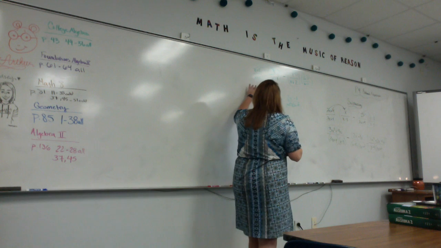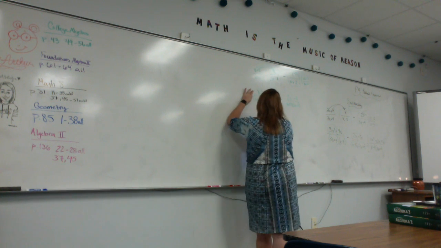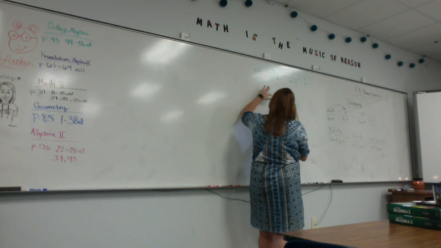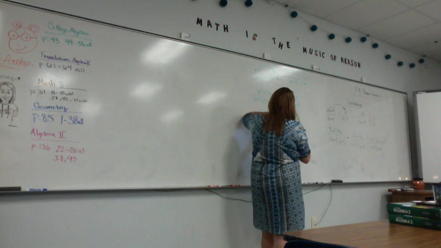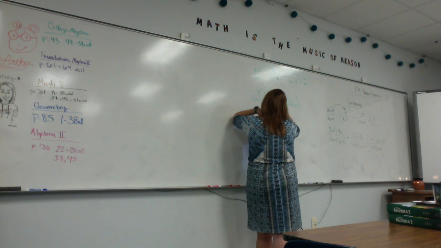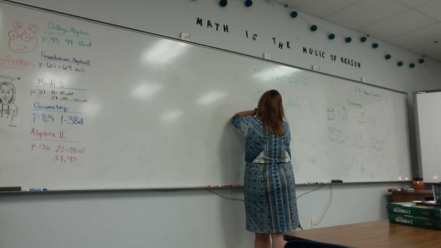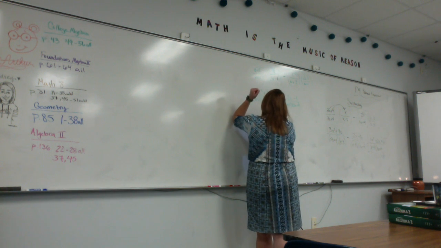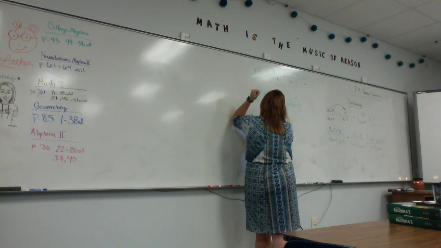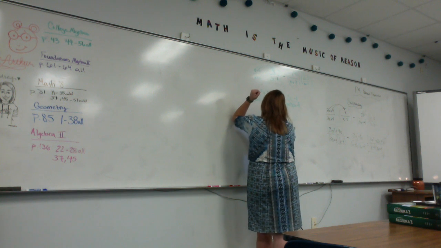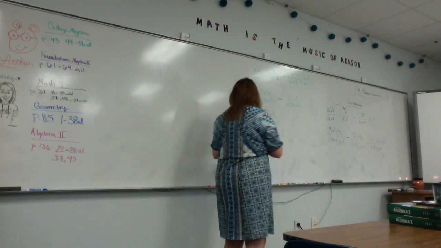So now I have x squared minus nothing, so I get x squared. I have 2x minus 2x, and then I have minus negative 1, so I'm going to get plus 1. And you end up having this as your simplified version.